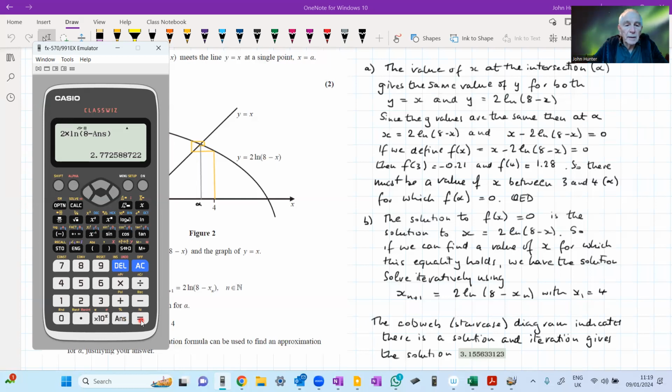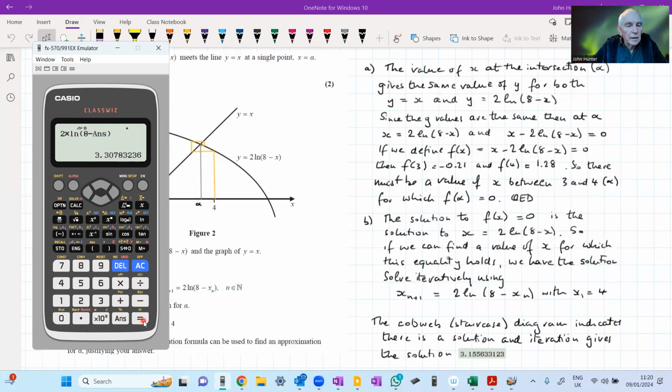So let's do that. Okay, so we've evaluated 2.77, etc. Now that's in our answer location, so we're going to reevaluate. We're going to evaluate not 2 times natural log of 8 minus 4, but 2 times the natural log of 8 minus 2.77, etc. That's going to give us 3.307 and so on.